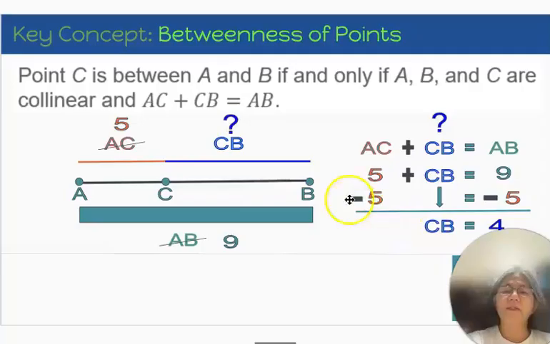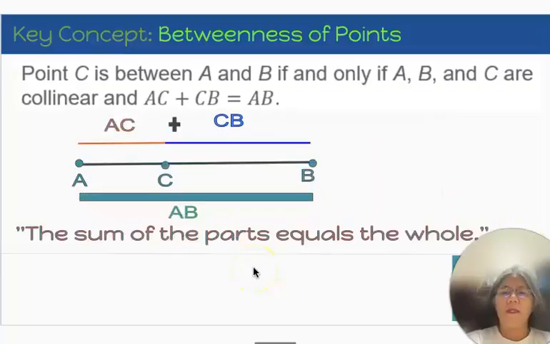So in this case, AC is 5. We don't know what CB is, but we know the length of AB. Using algebra, we subtract 5 from both sides, and then this will give us 0. We bring down our CB, and then 9 minus 5 is equal to 4. And so we were able to calculate the measure of the missing line segment.